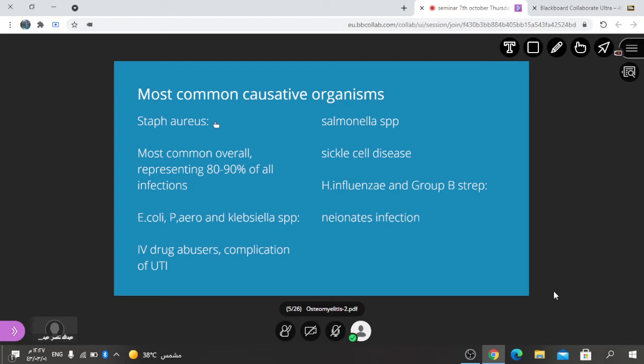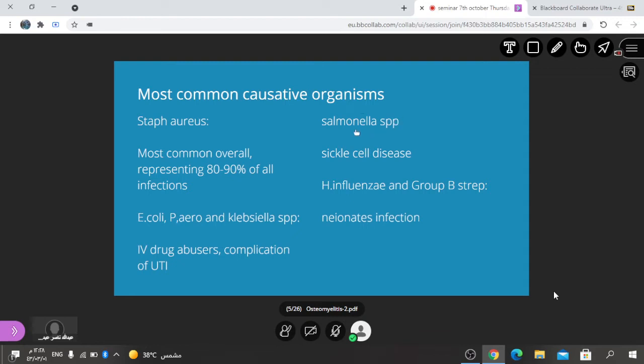The most common causative organism, we have Staph aureus or Staphylococcus aureus. It's the most common overall, representing 80 or 90% of all infections. Then there are some opportunistic or conditional cases of E. coli and Pseudomonas aeruginosa and Klebsiella species. They are mostly seen in IV drug abusers and as a complication of genitourinary tract infection.